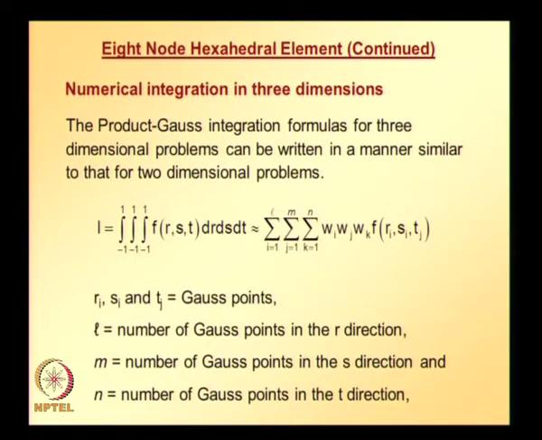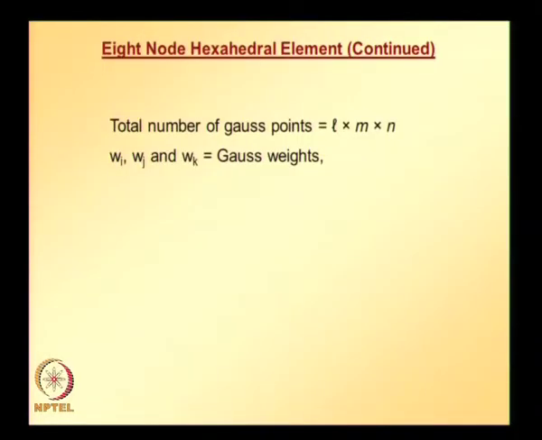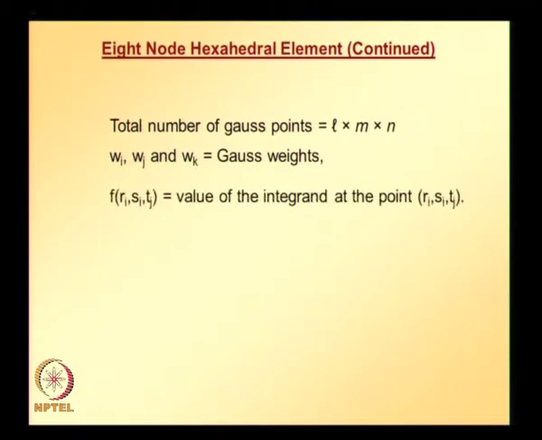These need not necessarily be the same, depending on the order of the polynomial along R, S and T directions. We can select different values for L, M and N, and the total number of integration points is going to be L times M times N. Wi, Wj, Wk are the Gauss weights, and F of Ri, Si, Ti is the value of the integrand at point Ri, Si, Ti.